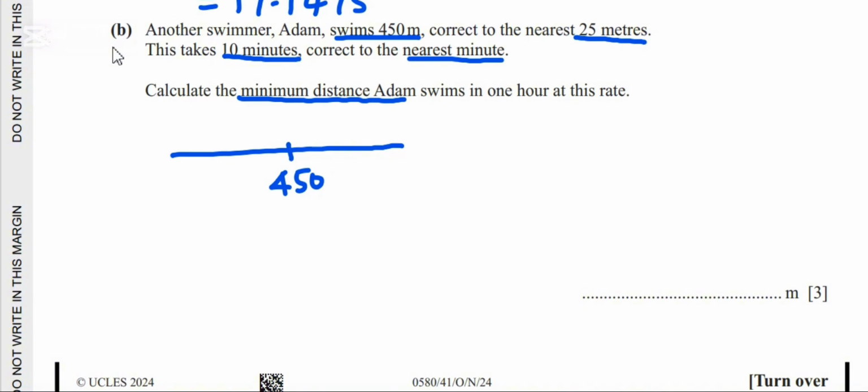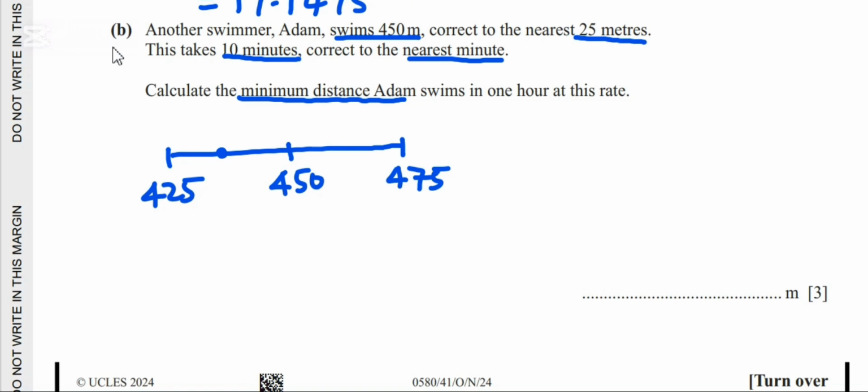So on the left here we're going to subtract 25 meters from 450. When you subtract 25 from 450, on the left you have 425. Then here you add 25, you are going to have 475. Now we need to find the lower limit here. Remember, the difference between 425 and 450 is 25. 25 divided by 2 is 12.5.